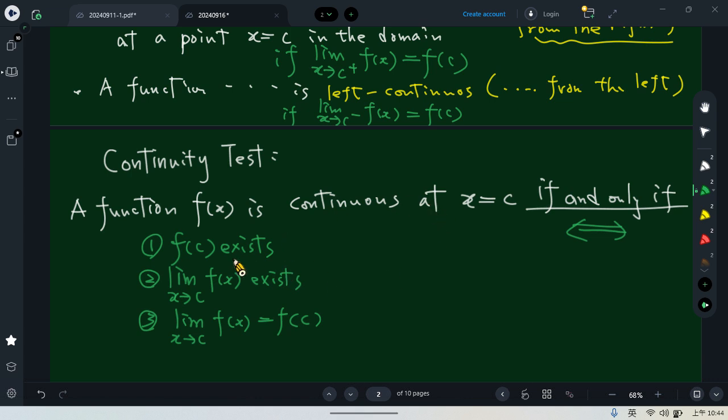Similarly, if we can conclude these three things hold, then we can conclude that the function f of x is continuous at x equal to c.